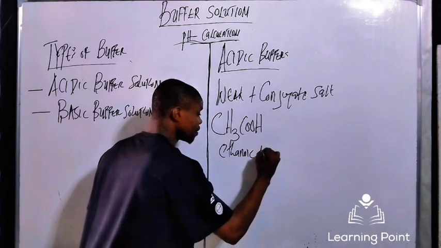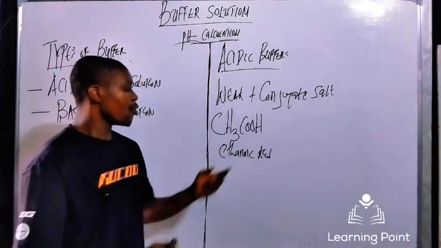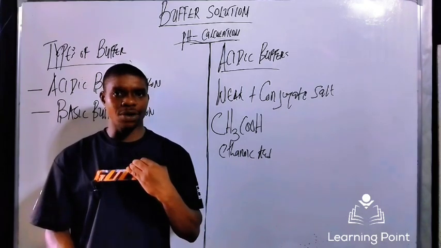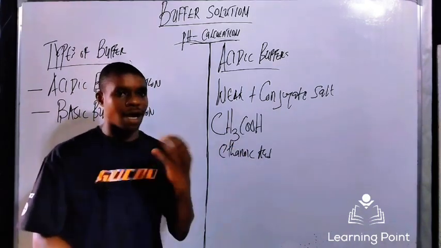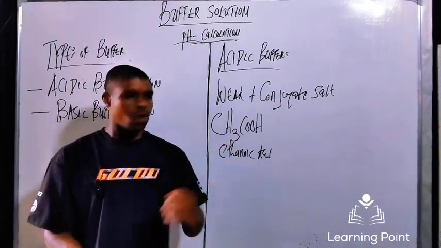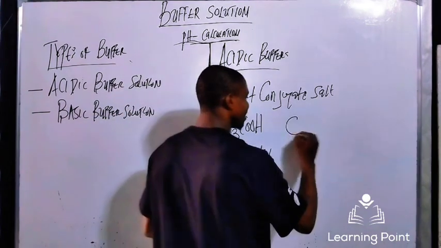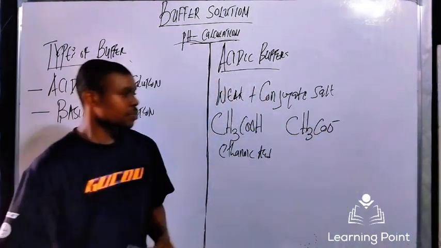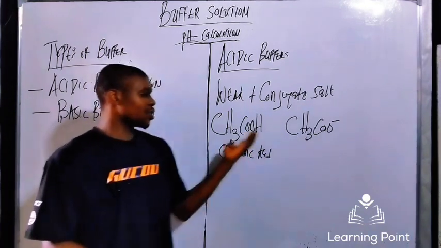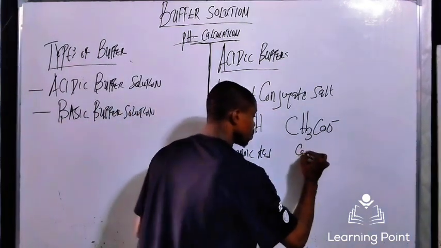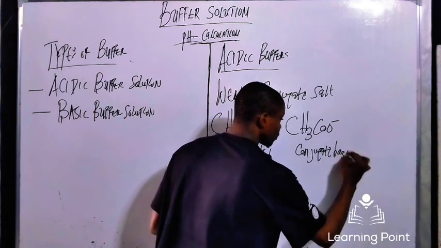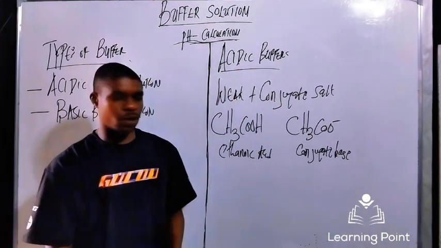Now, when ethanoic acid loses hydrogen, what are you going to form? CH3COO minus. This is called the conjugate base of this acid.